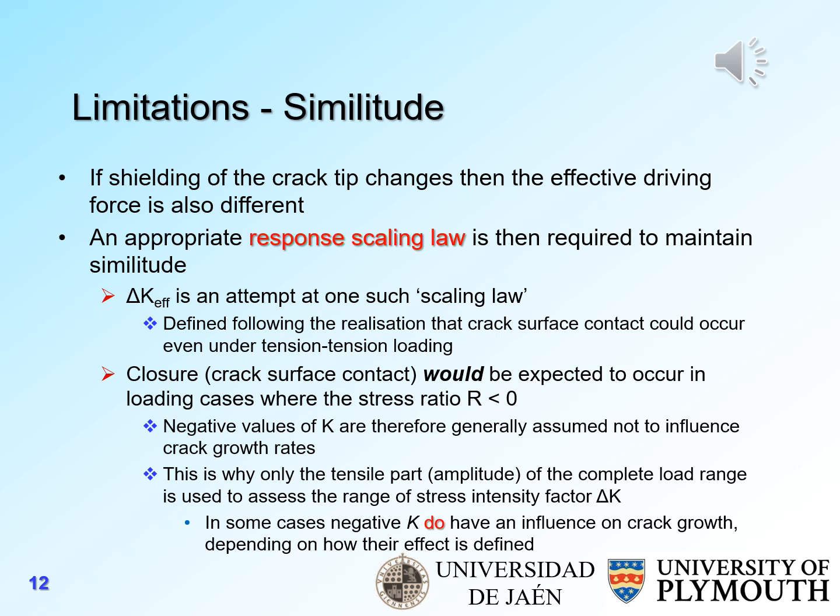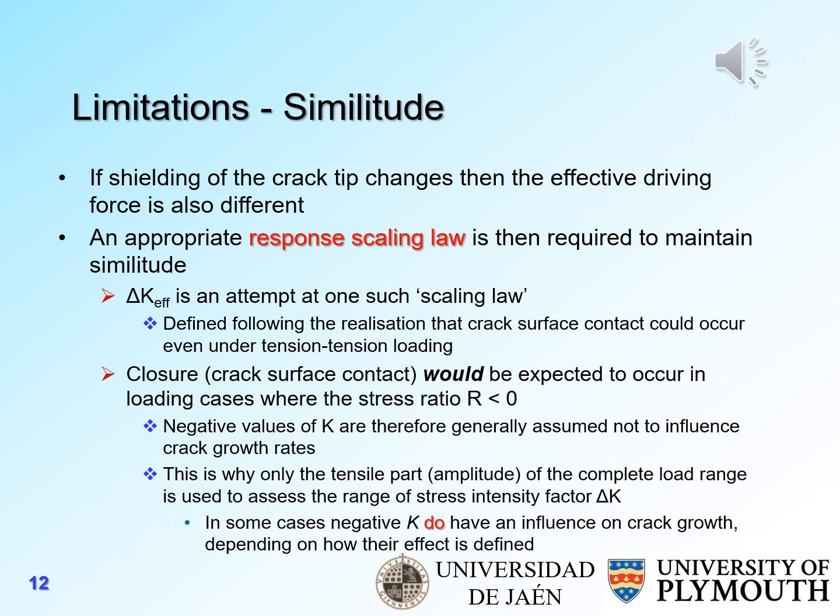In terms of the similitude limitations on our understanding, if shielding of the crack tip changes, then the effective driving force is also different, and you then require an appropriate response scaling law to maintain similitude. And delta K effective was an attempt at one such scaling law, and it was defined following the realization that crack surface contact could occur even under tension loading.